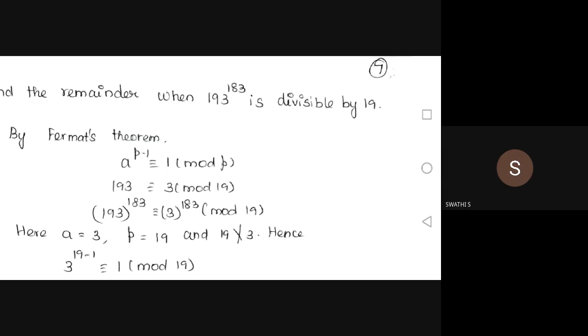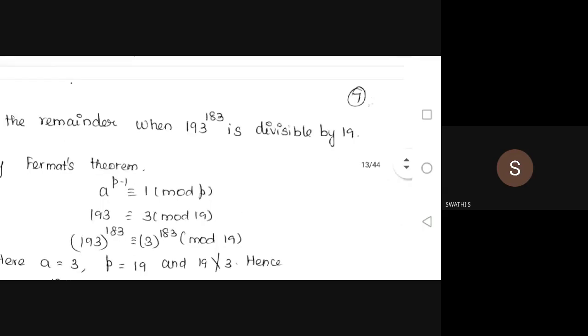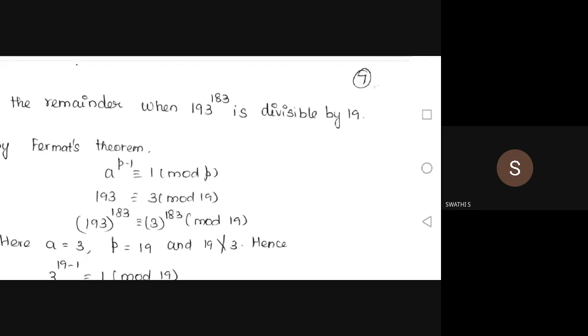The same remainder will be obtained when 193 to the power 183 is divided by 19, since we proved 193 to the power 183 is congruent to 3 to the power 183 under mod 19.